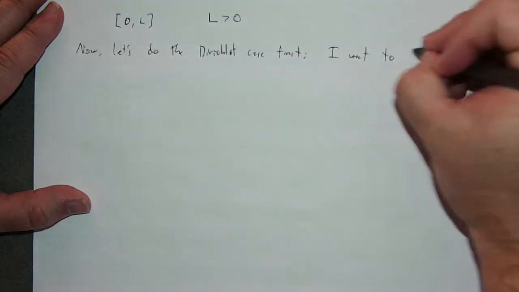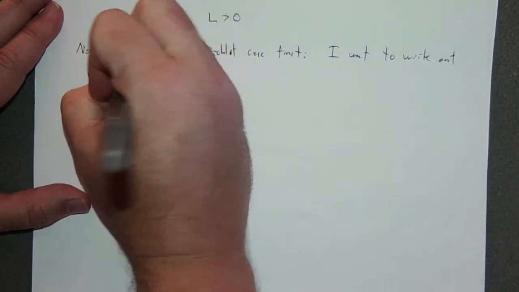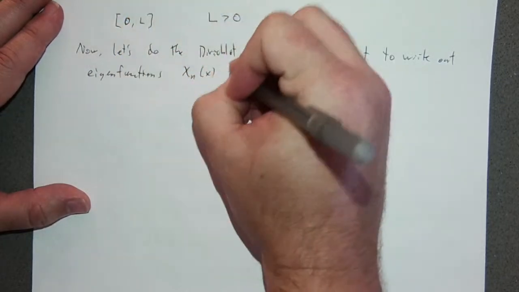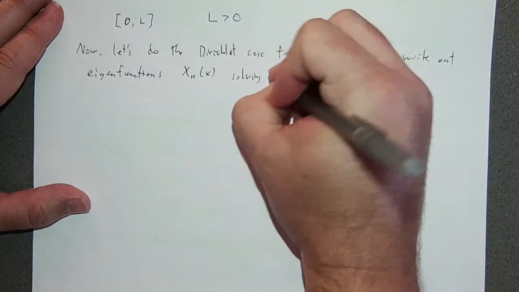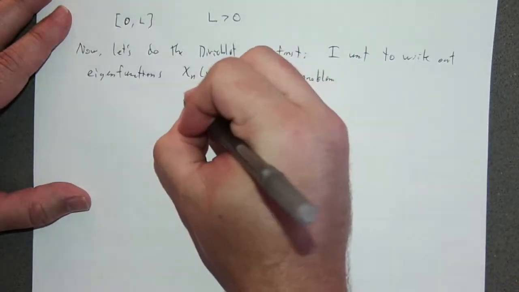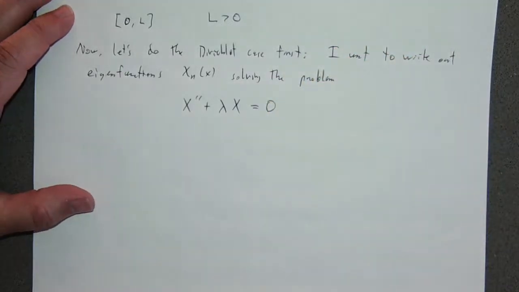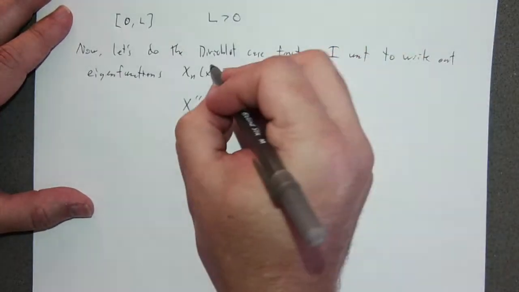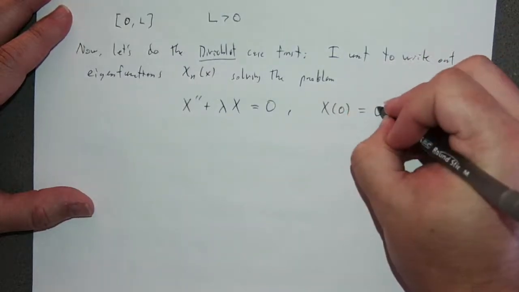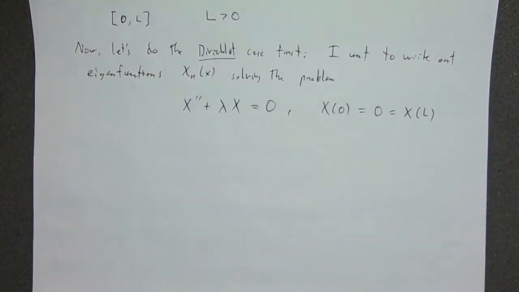I want to write out eigenfunctions X sub n of x solving the problem, which is my usual eigenvalue problem, X double prime plus lambda X equals 0, with Dirichlet boundary conditions, which is that X of 0 is 0, and also X of L is 0.